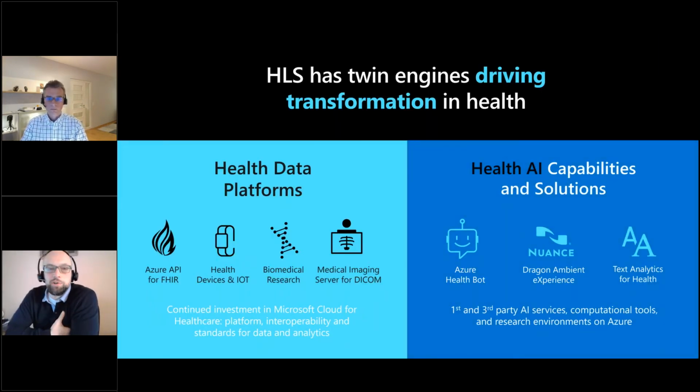So there are two major parts of the organization. There is this focus on health data platforms, within which we have a couple of projects or products which have been released already and are available to the public, such as Azure API for FHIR. FHIR is this standard for storing and exchanging medical data, and there is what we call a managed Azure service available for that, which basically means that it's a service which is run by Microsoft engineers, and it comes with guarantees for availability and redundancy, and it's automatically replicated to multiple geographical locations.